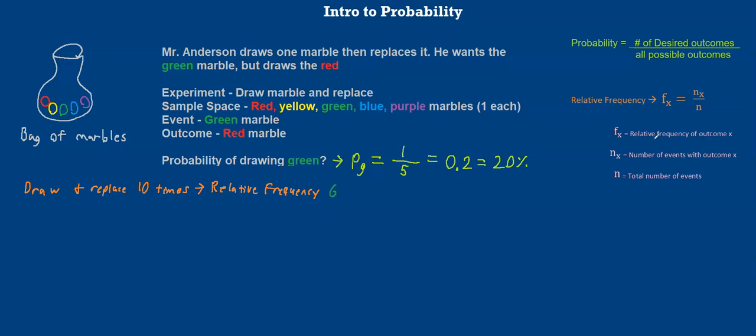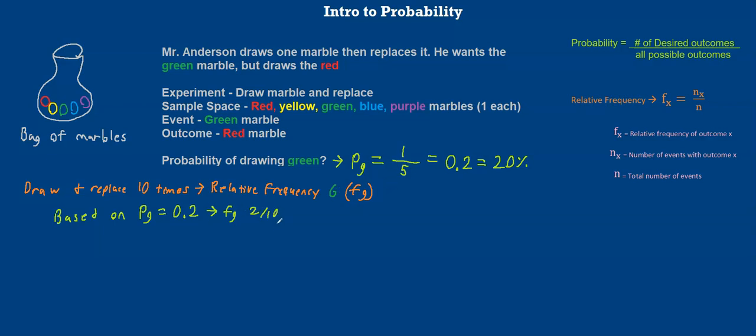If you notice, they write relative frequency of outcome x as f of x, so we'll do something similar. We'll say the relative frequency of outcome g is f of g. Now, based on our probability for g, or p of g, that we discussed in our last video, where we got 20% or 0.2, we should expect our frequency of drawing the green marble to be 2 out of 10 of the times we draw, because 2 is 1/5 of 10.